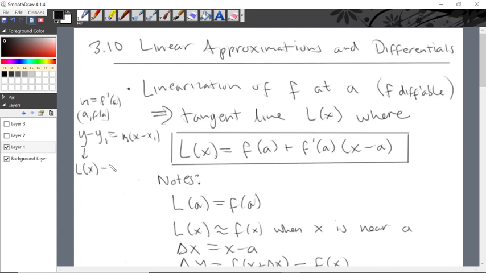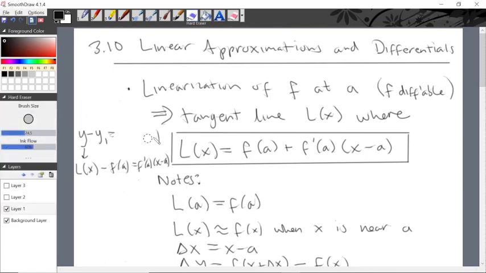So L of x minus f of a is equal to f prime of a times x minus a. That's the point-slope form of the equation for the tangent line. If we call the output of the tangent line L of x and then solve for L of x by adding f of a to the other side, we get this equation right here. So the tangent line is the linearization of the function f at a, as long as f has a first derivative at a.